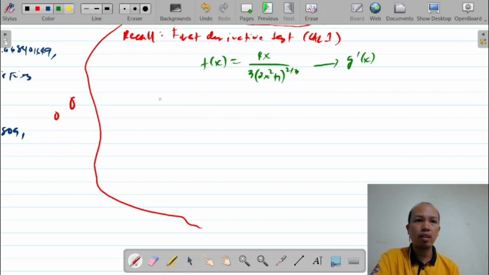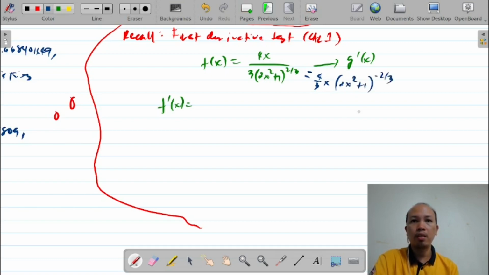Anyway, let's get the derivative of our function. You can use the quotient rule, but for me, I will write this one in this form: 4/3 x times (2x² + 1) to the power of negative 2/3, so that it will be much easier to get the derivative.